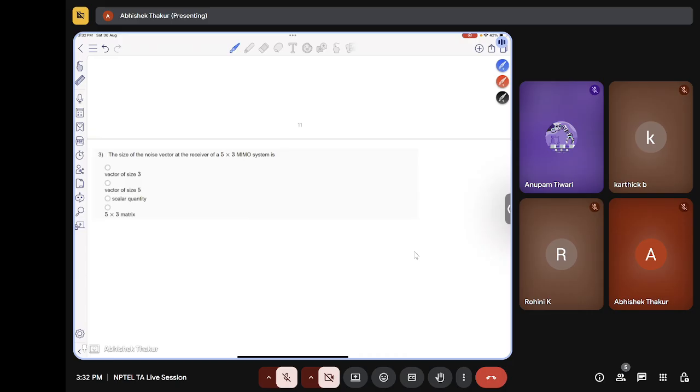Question number 3: the size of the noise vector in a 5 cross 3 MIMO system. A 5 cross 3 MIMO system means the channel matrix H is 5 cross 3.